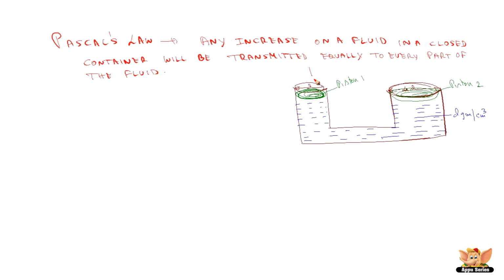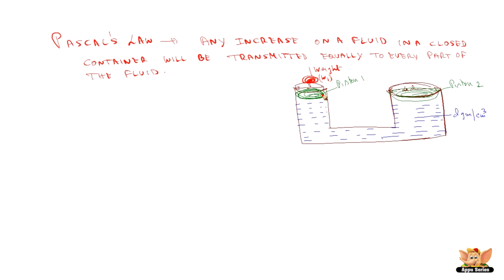Now we put a weight. This is a weight. Let us call it W1. So there is a closed container. One side, it's having a diameter D. The other side, the diameter is 4 times. And the liquid's density is D.